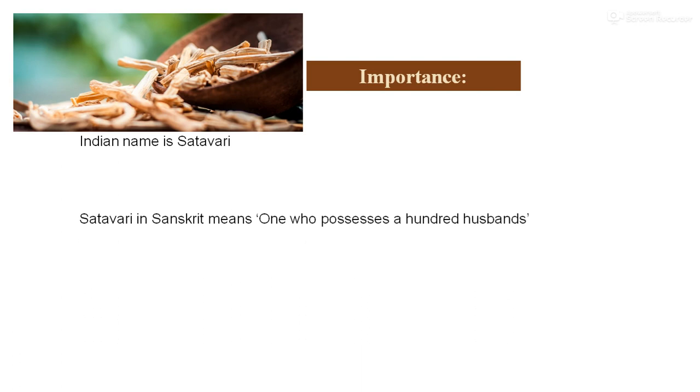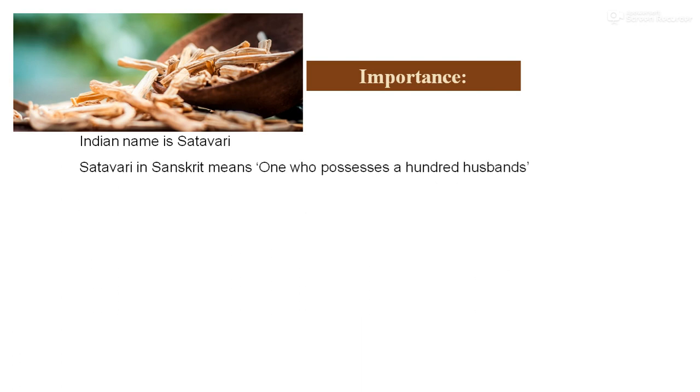The Indian name is Shatavari. Shatavari in Sanskrit means one who possesses 100 husbands. This crop has a great importance regarding the health issues of females.